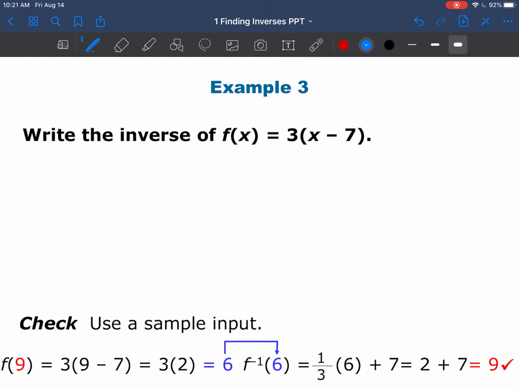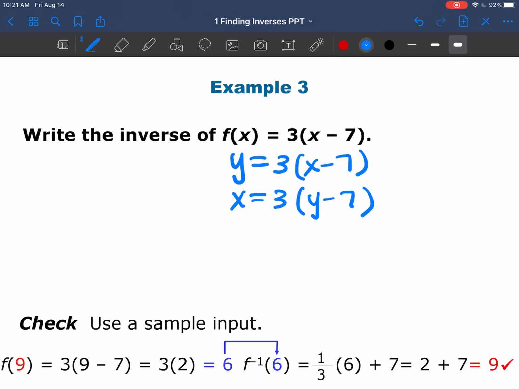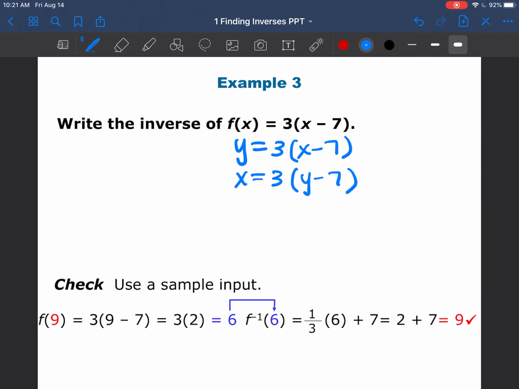Okay, for example 3, switch x and y. You can distribute this 3, but that would still leave the 3 on this side of the equal sign.